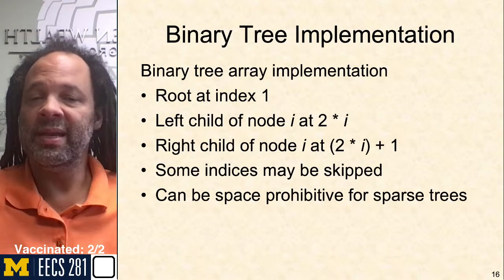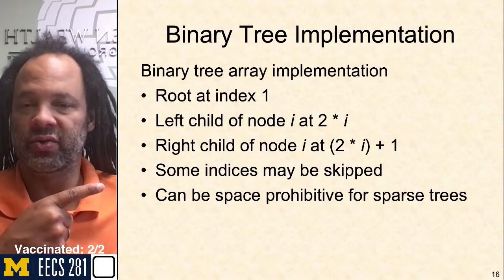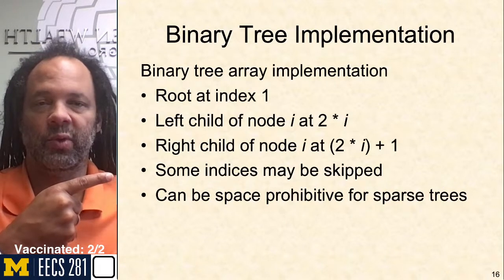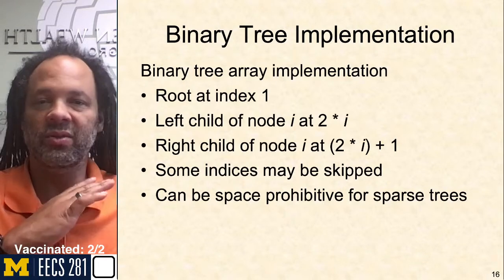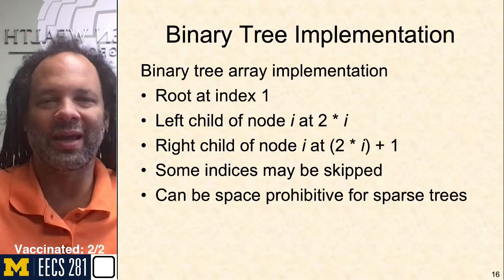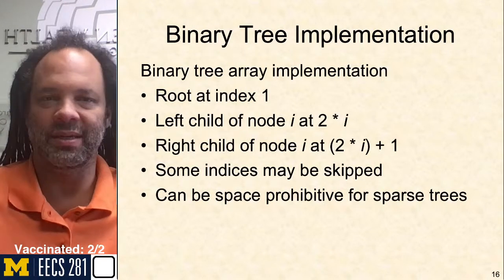Now, some indices may be skipped in the general case of a binary tree. That's important. We didn't allow that in the complete tree, which was necessary for the heap to be efficiently implemented. But I can still do this with spaces. We need some way to recognize that a particular location may be empty.